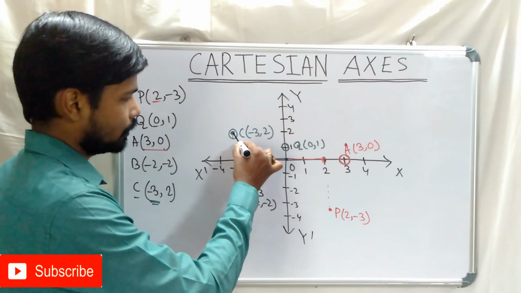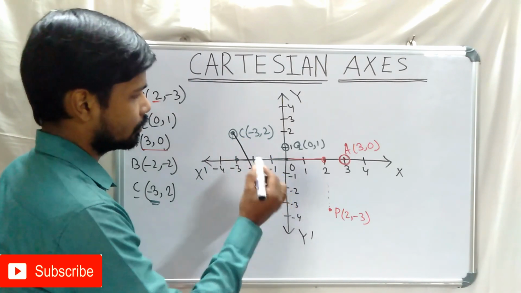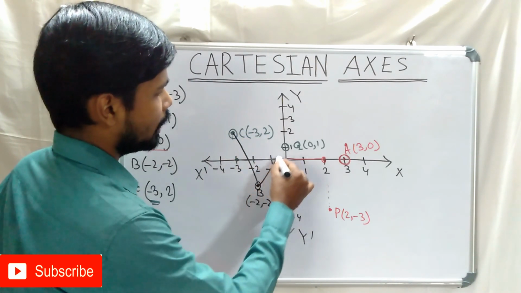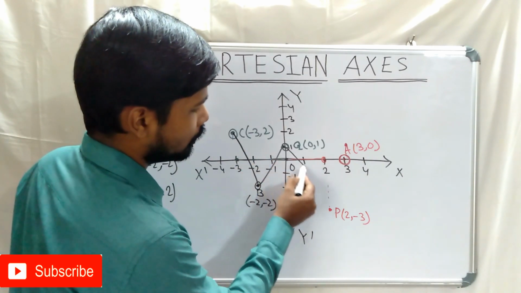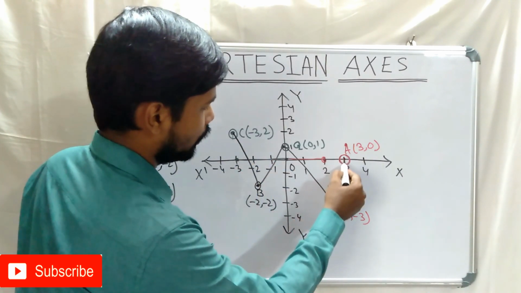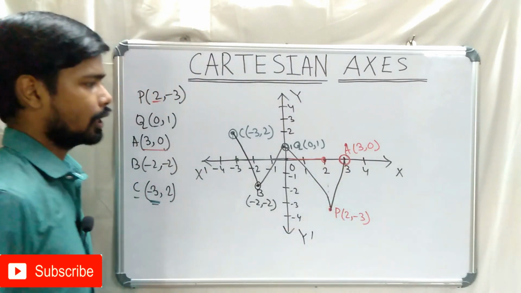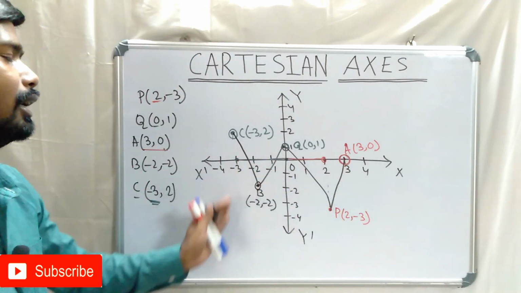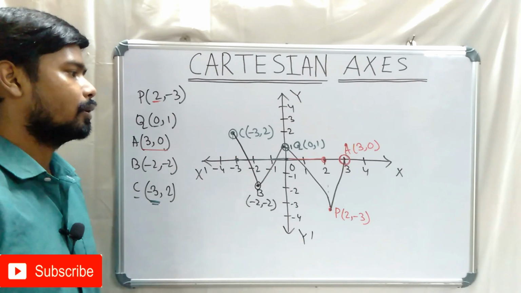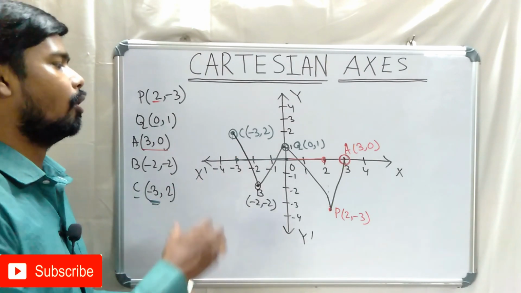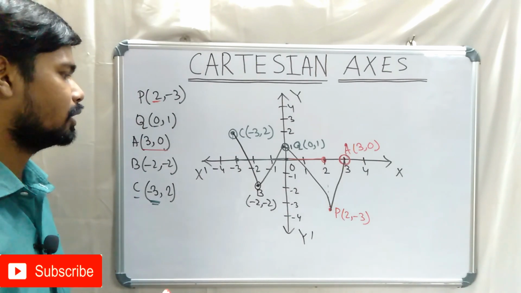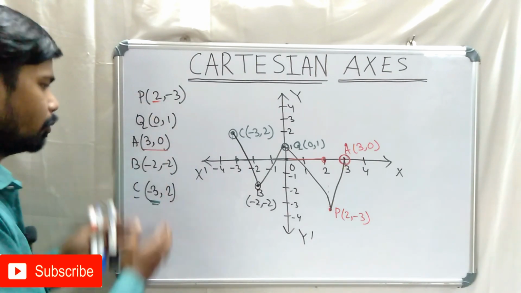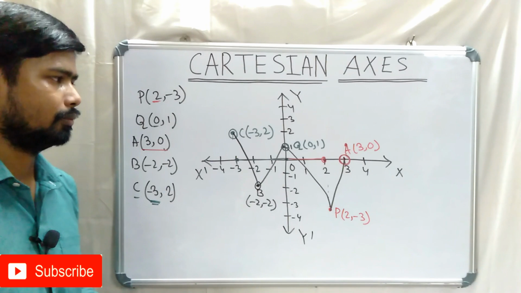Like if we join C and B, then B and Q, then point P, and then point A. Okay, so this is the diagram or graph of any function. We don't know what the function is, but we have some points of that function.